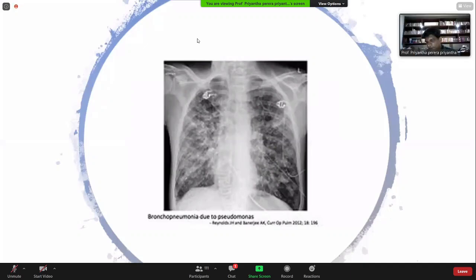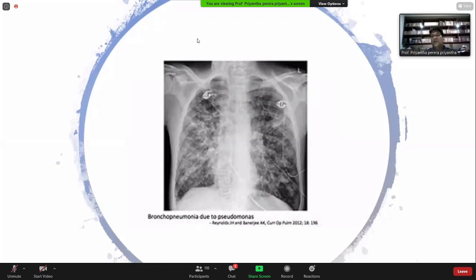So how to define it? The infection is localized to a segment or a lobe of the lungs in lobar pneumonia. Actually it's a pathological diagnosis, not an anatomical diagnosis, right? Lobar pneumonia means the inflammation is confined to an anatomically demarcated area of the lung.